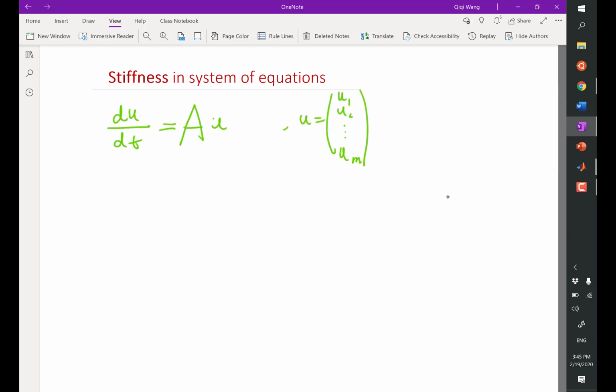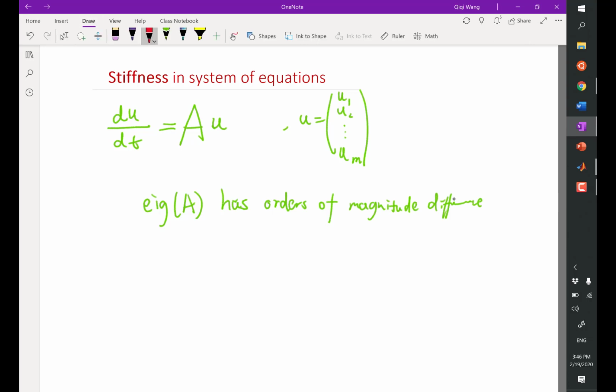What happens for a stiff system is that when you look at the eigenvalues of A, it has many different orders of magnitude. Okay, has orders of magnitude difference.